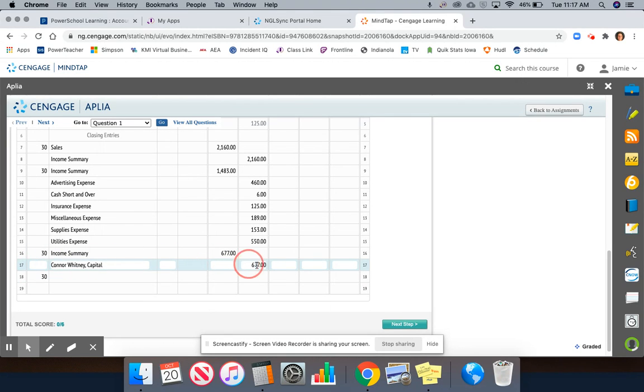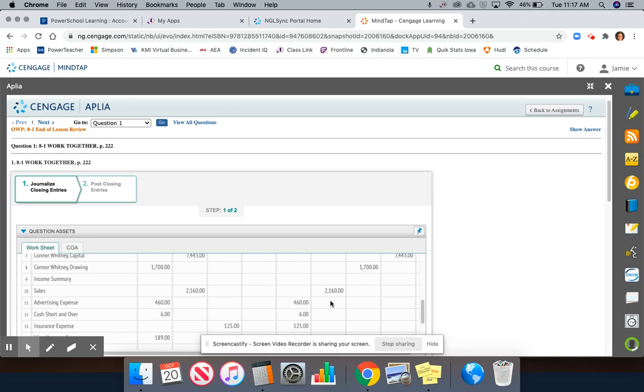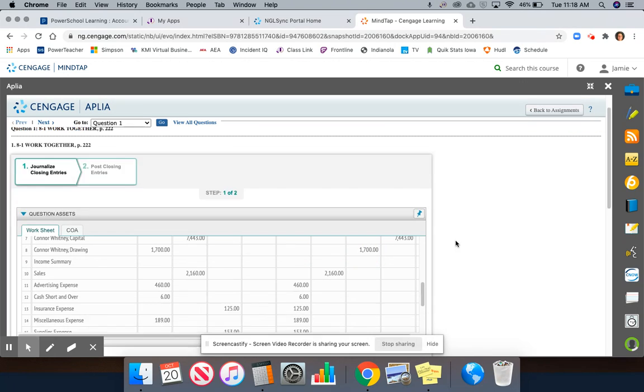For net income, we increased our capital account with a credit, so we must debit our capital account in order to decrease it. We're going to decrease our capital account by how much we withdrew from the company. It looks like we withdrew $1,700, our drawing amount. So that was a debit of $1,700.